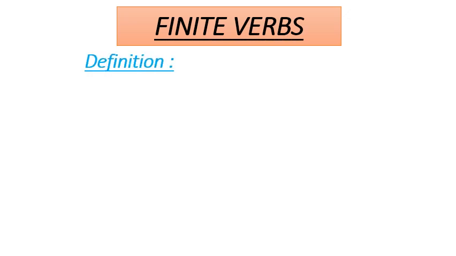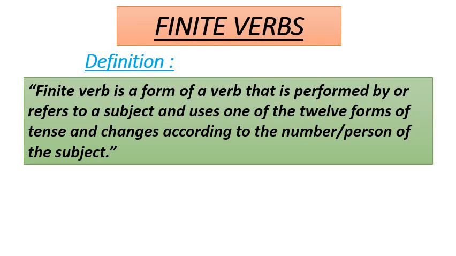So now let's see what is the meaning of finite verbs. A finite verb is a form of a verb that is performed by or refers to a subject. I repeat it again. A finite verb is a form of a verb that is performed by or refers to a subject and uses one of the 12 forms of the tenses and changes according to the number and person of the subject.